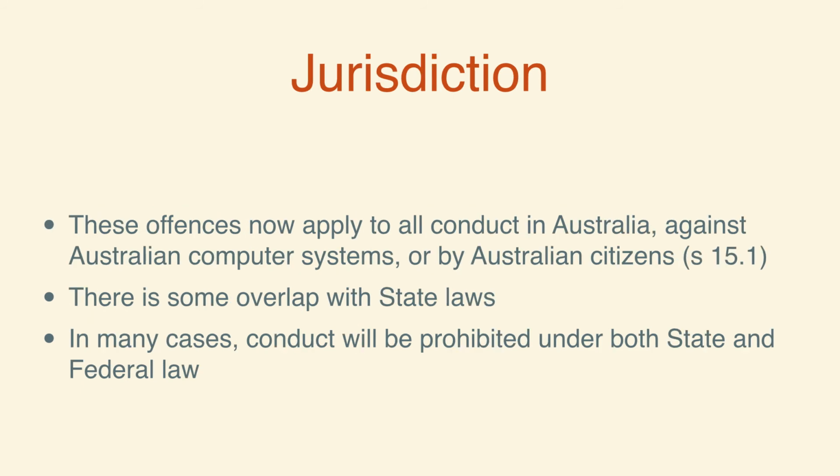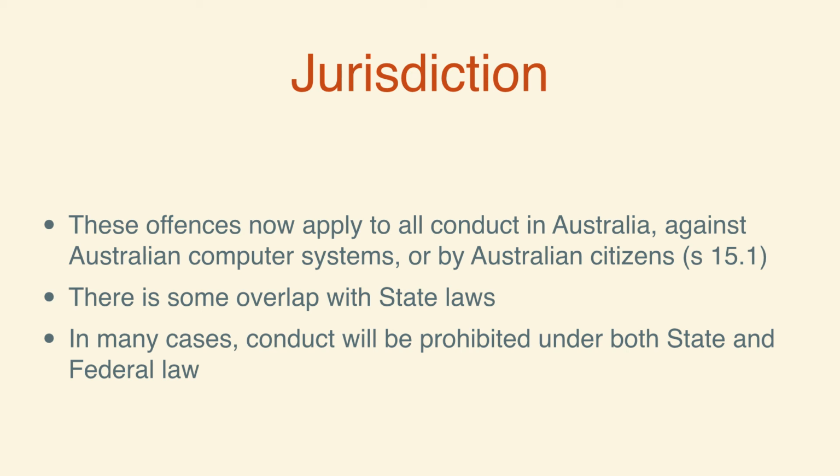Historically, these offences only applied where the Commonwealth had jurisdiction, that is, either over telecommunication systems or in relation to Commonwealth networks. Following the introduction and ratification of the Cybercrime Convention, the Commonwealth gained jurisdiction under its foreign affairs power to regulate more broadly.